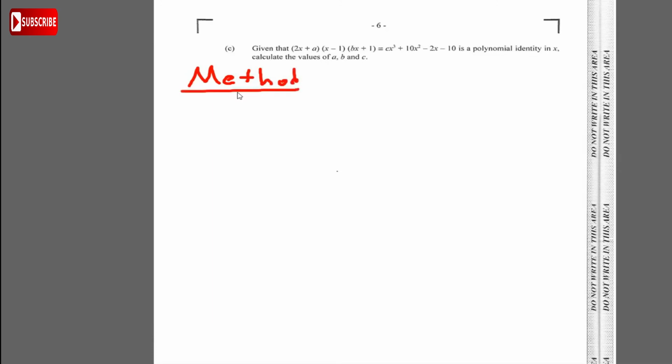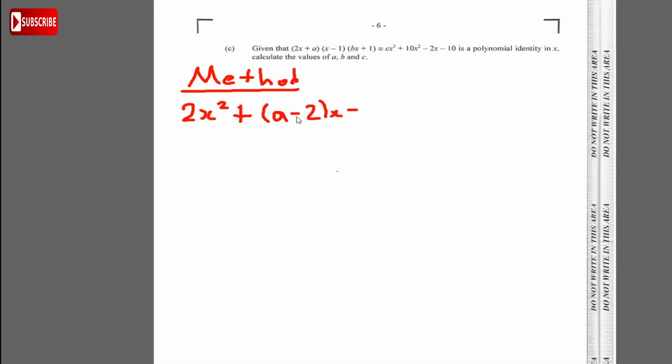So (2x + a)(x - 1) will give you 2x squared, 2x times minus 1 is minus 2x, plus ax. So it's really plus. Instead of writing minus 2x and plus ax, just put (a - 2) times x, minus a.